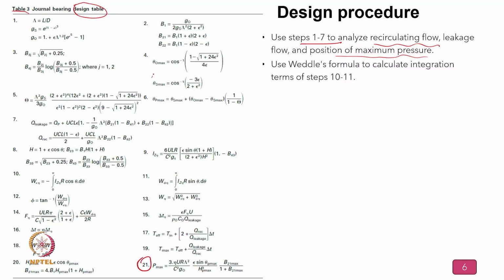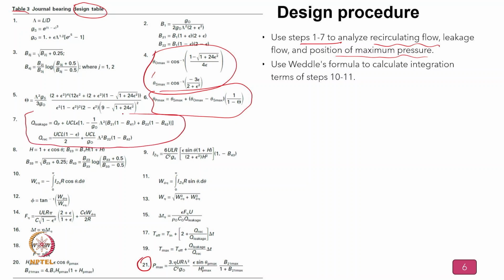The location of maximum pressure can be calculated using these formulas, six complete formulas have been given here. Leakage or recirculation can be calculated based on this formula. So 1 to 7 is basically for that purpose.